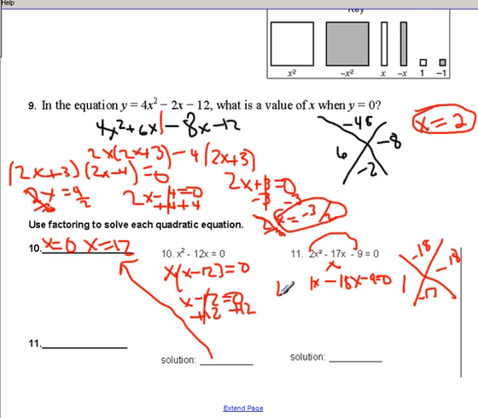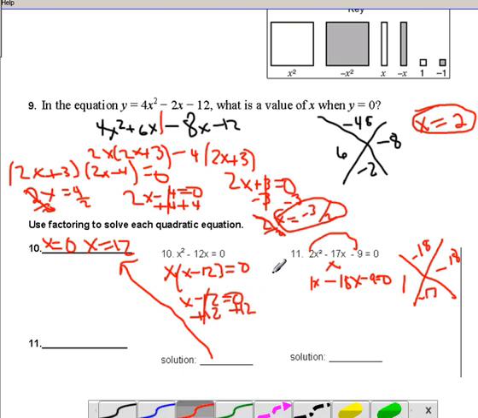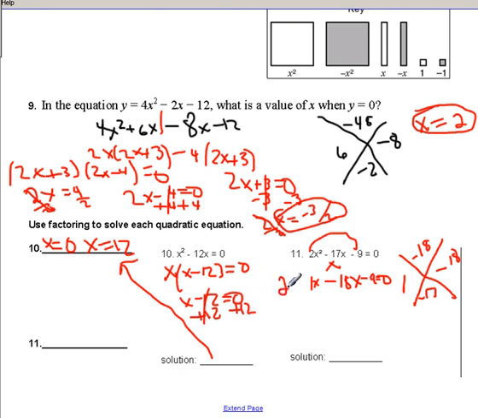So 2x squared plus 1x minus 18x minus 9. So we split the middle.